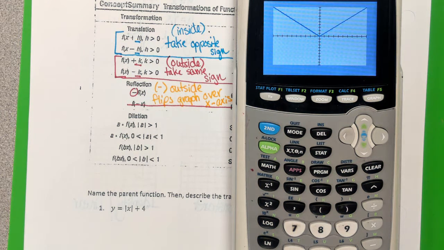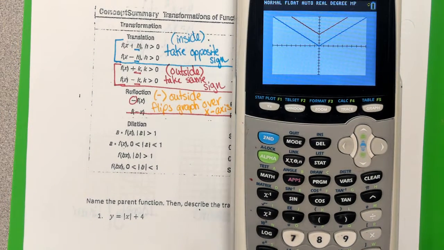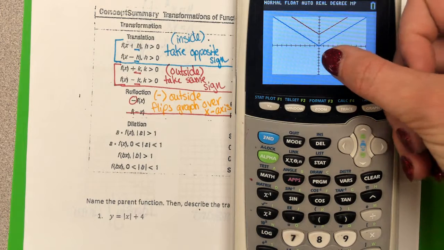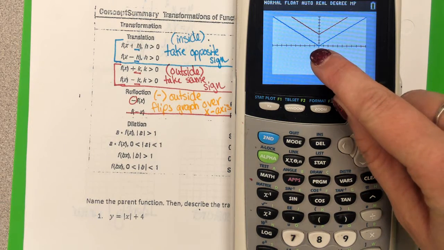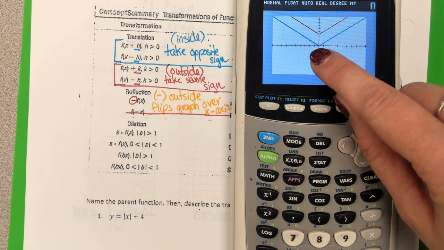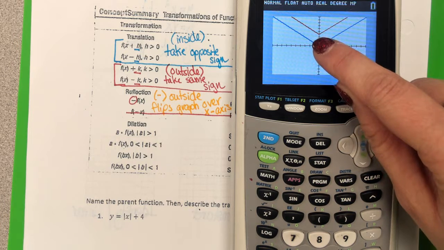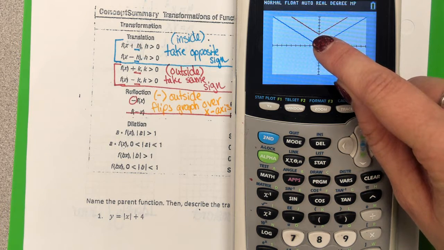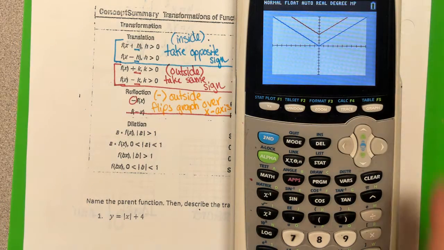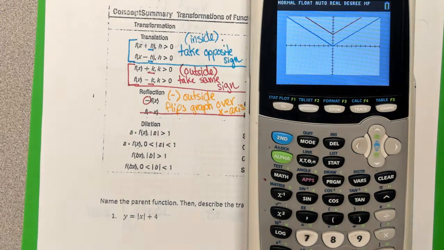All right. So look at these vertex points. Where's the parent graph at? The origin, right? 0, 0. And where is the new one at? It went up 4, right? So what's the very first thing it tells us to do in the directions? Name the parent graph. So what's the parent graph of this one?